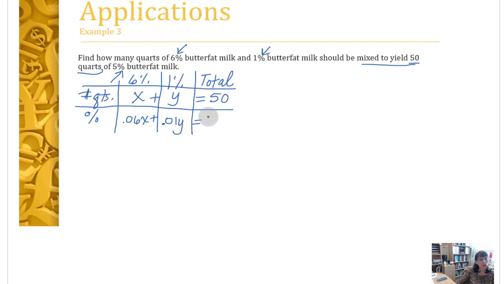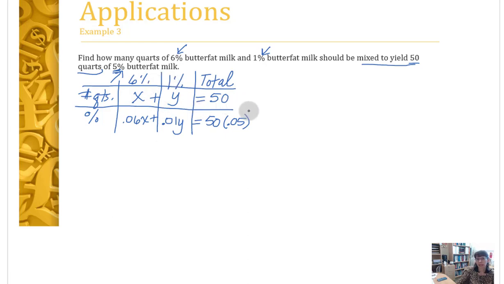Now, this total is made up of two different things. One part is the quarts, which is 50. The other is the percentage that we are trying to create, and that's 5%. So we must multiply 50 quarts by the 5%, or 0.05.